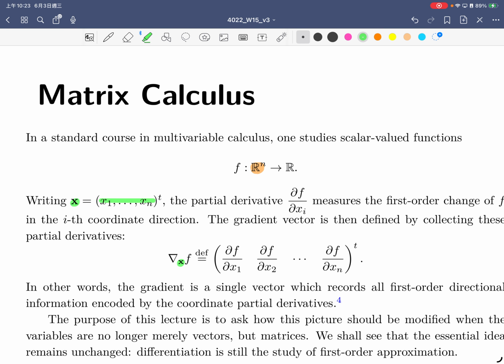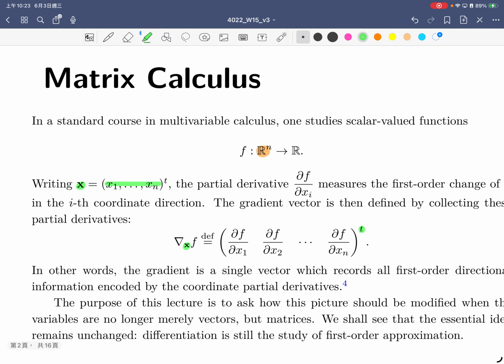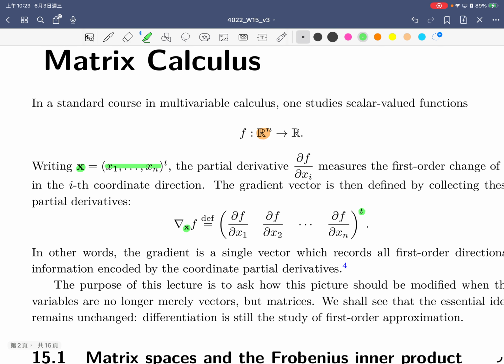In calculus, usually you write the upside down triangle with x as a subscript, but I just follow a more conventional mathematical convention, putting the variable at the bottom. In Calculus 3, you put your gradient vector as a row vector, but now you grow up, and everything should be a column, so I put a transpose. So my gradient is actually a column vector, just for convenience.